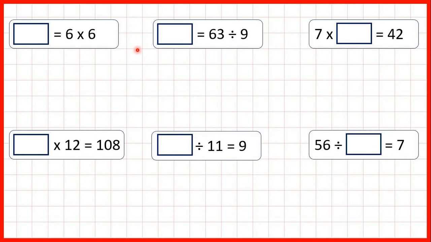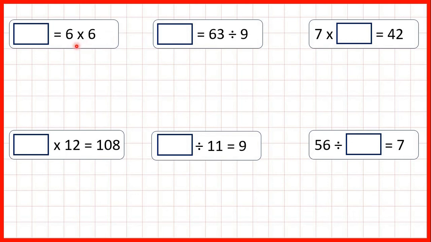Now here we have some missing number multiplication and division problems, but these first two questions aren't really missing number problems at all. That's because all we have on this side of the equal sign is an answer box, and it doesn't matter whether the equal sign comes at the start of the calculation like it does here, or at the end of a calculation like it usually does.